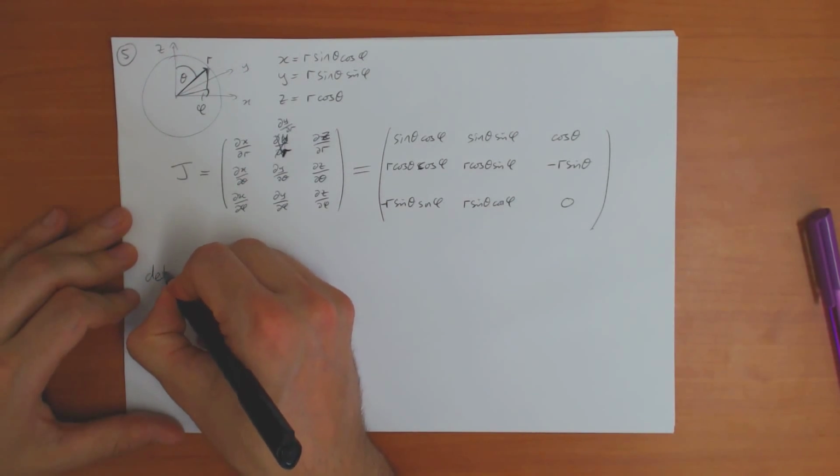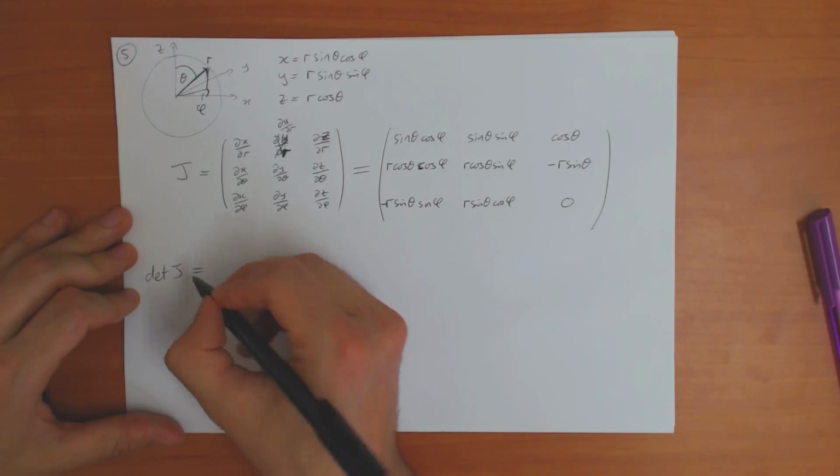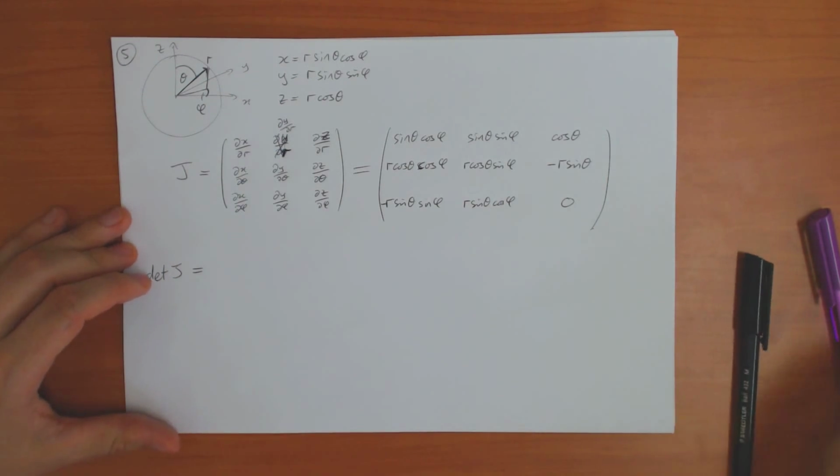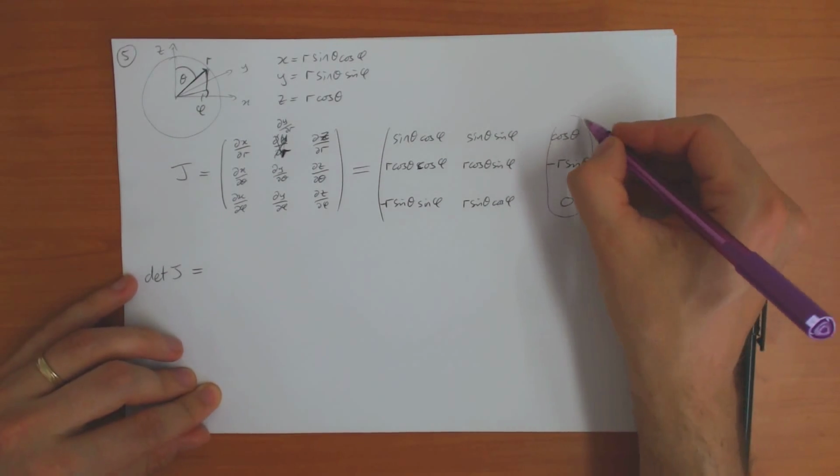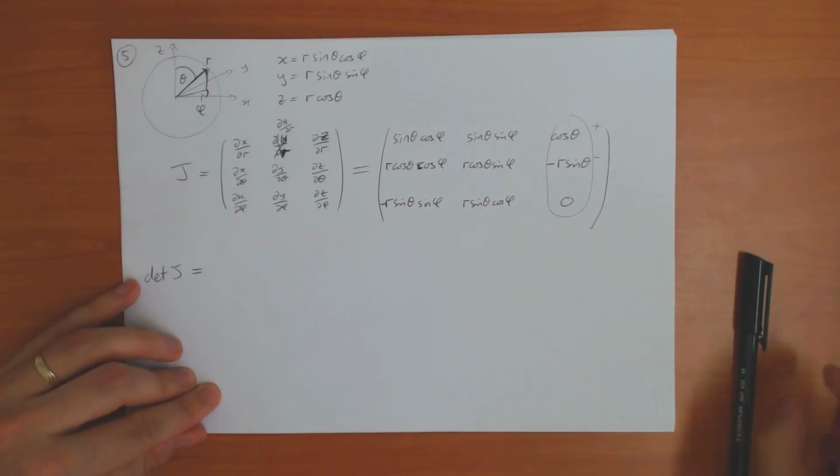You're also asked to calculate the determinant of the Jacobian matrix. So let's just expand in this row here because we've got a nice 0. So that's plus and minus, chessboard.